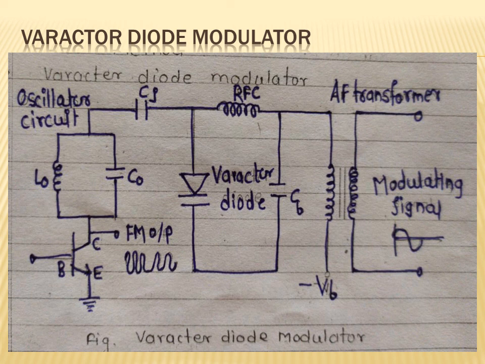RFC is the radio frequency choke, which is used to block the AC signal. The oscillator circuit is used to generate the carrier signal. The varactor diode is connected in parallel with the oscillator circuit. With the modulating signal, the carrier signal changes, and the FM signal is obtained at the collector terminal of the transistor. So this is the varactor diode modulator.